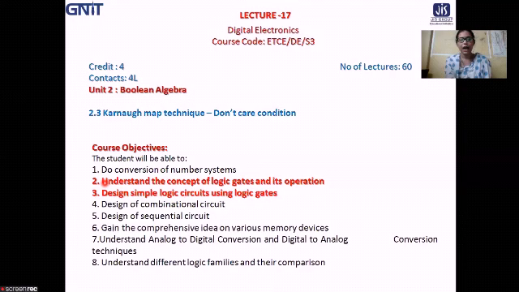First one is understand the concept of logic gates and its operations, and third one is design simple logic circuits using the logic gates. Now see, logic gates are used for designing the logic circuits, and K-map and the don't care conditions will be used to minimize the Boolean expressions we will be having, and from there we will be designing the circuits using the logic gates.